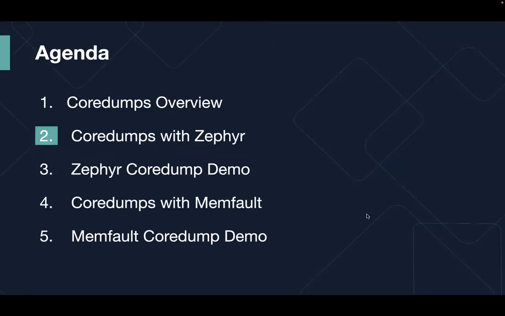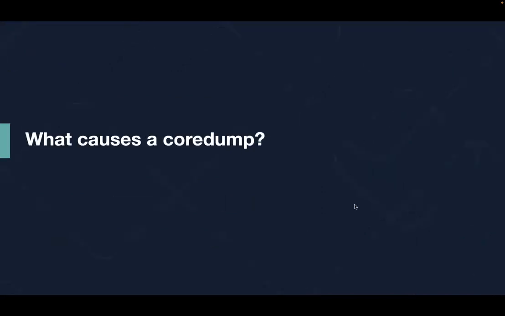So let's dive into the Zephyr internals of their Coredump system. Before we begin, though, I'd like to just explain what causes a Coredump in the first place. There are simple faults or assertions. Faults are hardware controlled, so this is very architecture dependent. In the ARM Cortex-M case, which I'll be covering today, there are lots of different faults depending on the specific Cortex-M series that you're using.